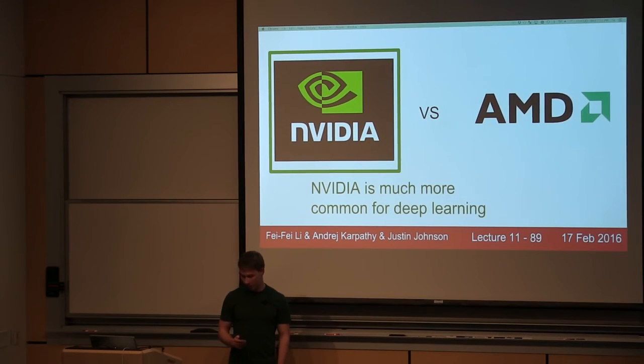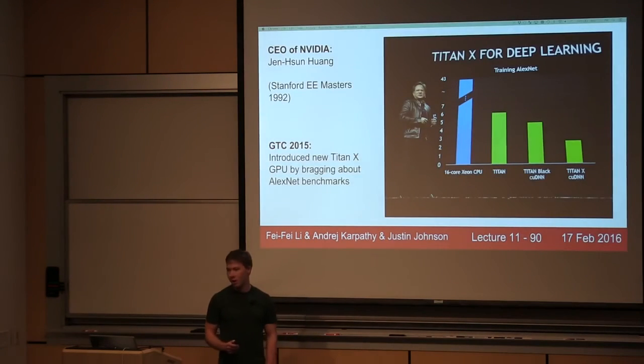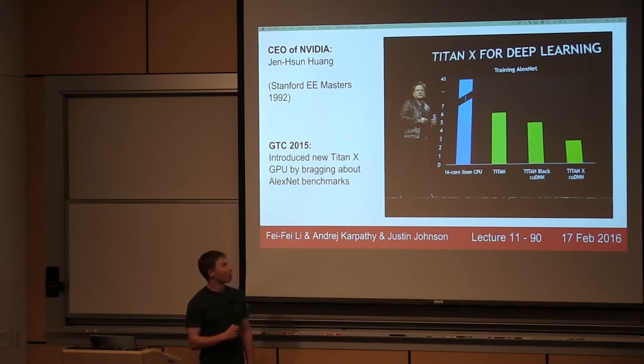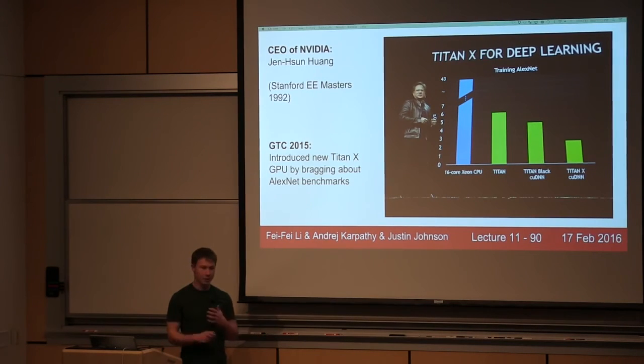As a cool example of that, last year at GTC, which is NVIDIA's yearly big, gigantic conference where they announce new products, Jensen Huang, who's the CEO of NVIDIA, and also a Stanford alum, introduced this latest and greatest new GPU called the Titan X, their flagship thing. And the benchmark he used to sell it was how fast it can train AlexNet.